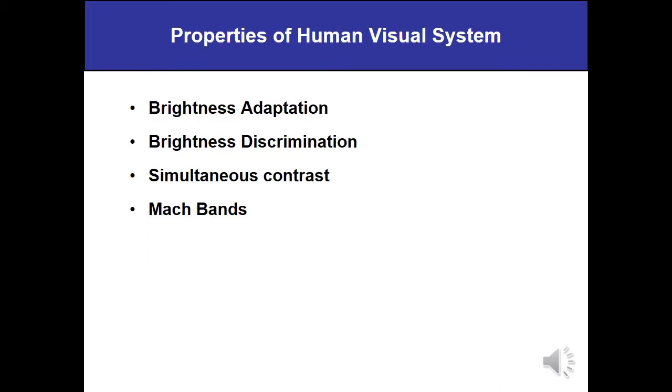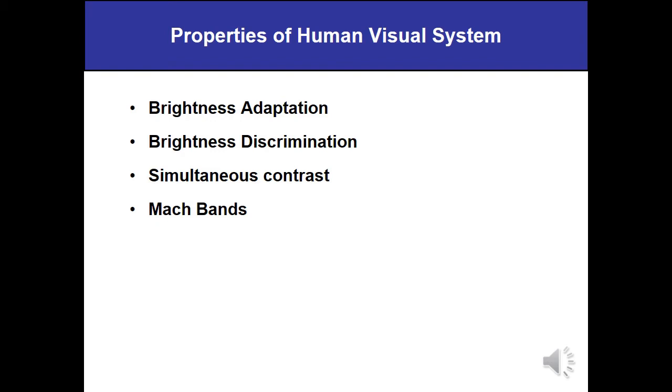The next topic is properties of the human visual system. You know that light is a physical phenomenon. It can be measured. Light is dependent on the surface and the angle from which light is emitted. Brightness is a psychovisual concept.